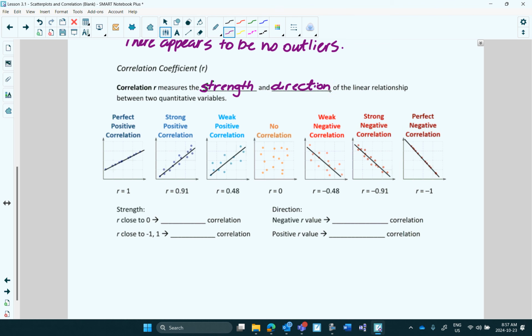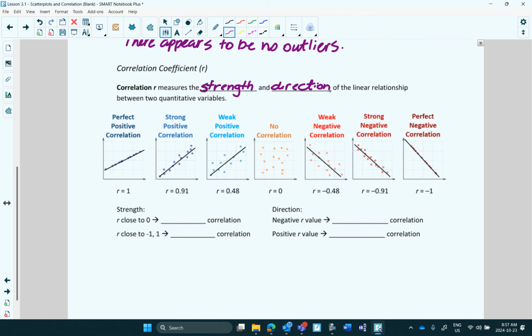And it will always be a number from -1 to +1, all numbers in between. Okay, it can never be lower than -1, because -1 is a perfect negative relationship like this. And it can never be bigger than 1 because 1 is a perfect positive relationship. Okay. And if there is no correlation, that means the correlation r would be very close to 0.